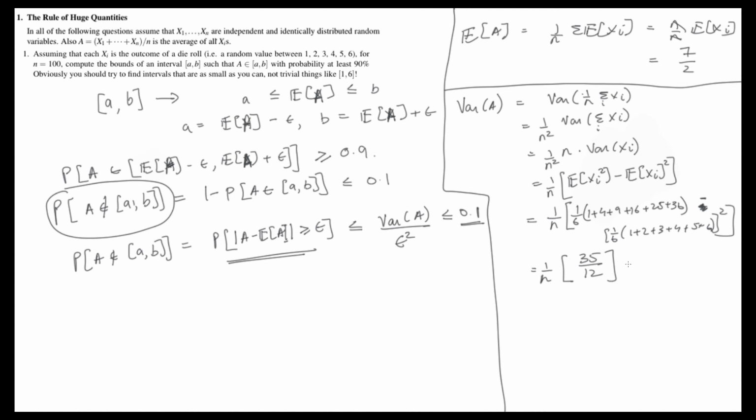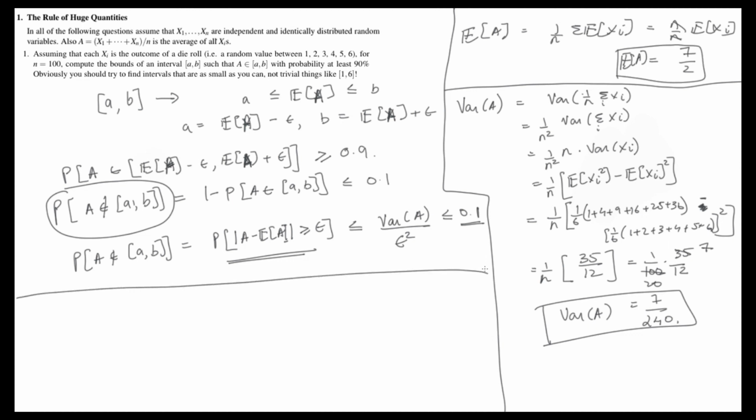So this is equal to 35 over 12 times 1 over n, and we know n is equal to 100, so it's 1 over 100 times 35 over 12, 5 goes in at 7 times 20 times, just equal to 7 over 240. So we have the variance of a is equal to 7 over 240, and the expectation of a is equal to 7 over 2.